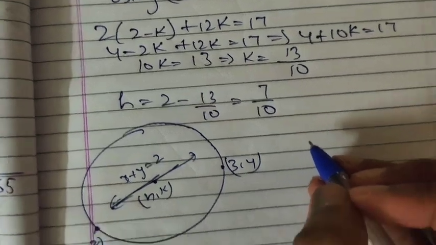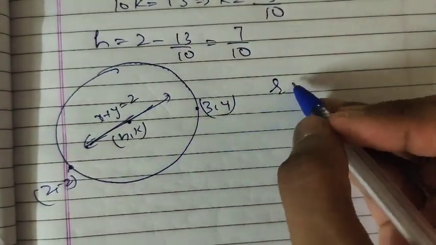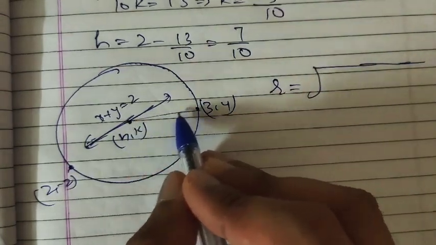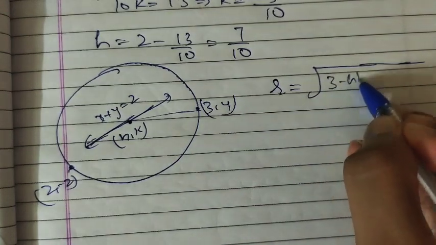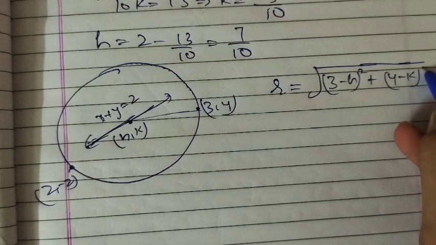So the radius of the circle will be equal to the square root of the distance between these two points: (3 - h)² + (4 - k)².